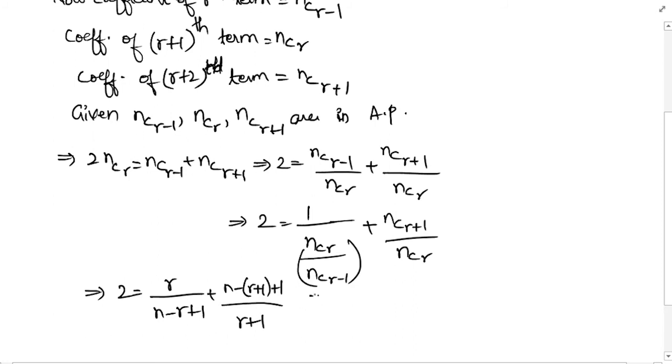So how did we get this? Since nCr divided by nCr-1 is equal to n minus r plus 1 by r.